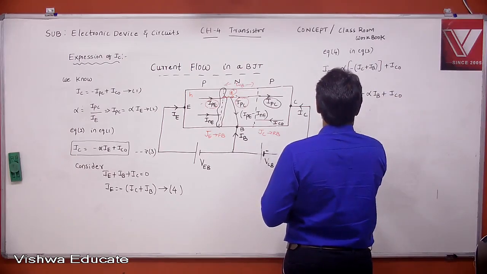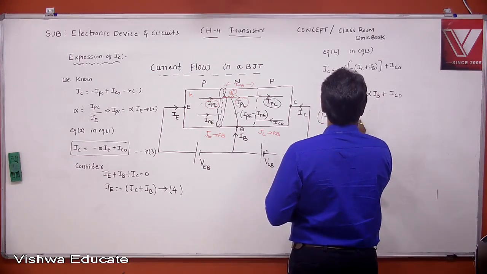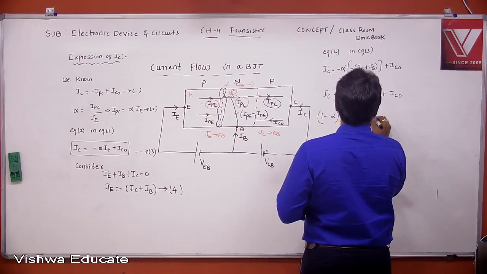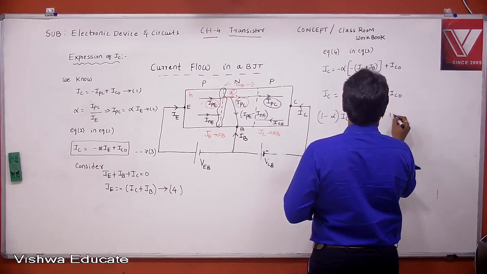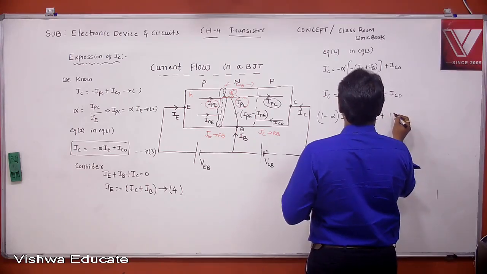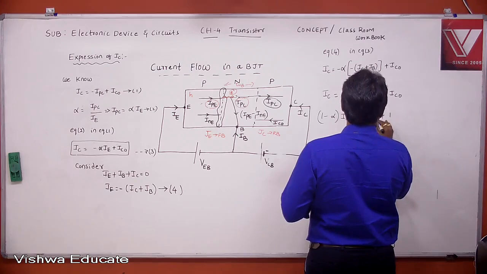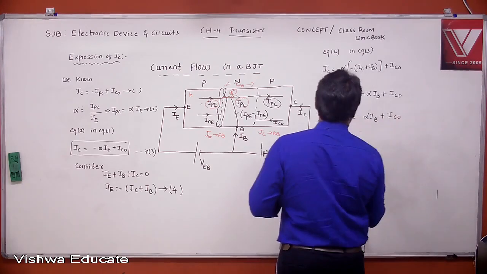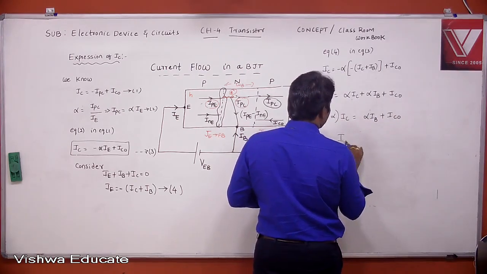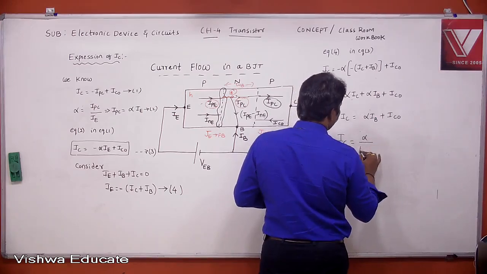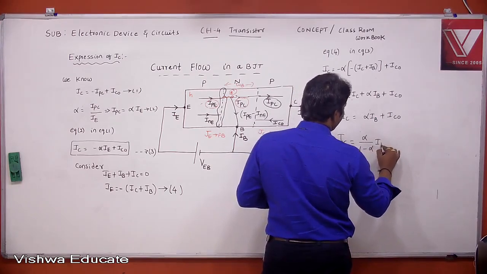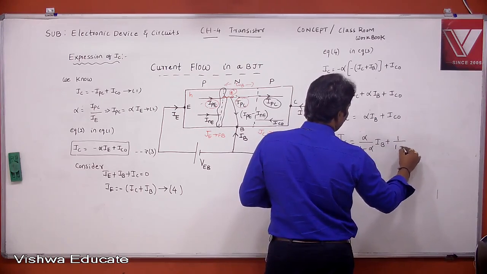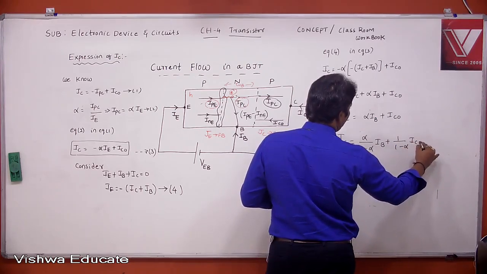Now 1 minus alpha into IC is equal to alpha into IB plus IC naught. Now what about IC here? IC is nothing but alpha by 1 minus alpha into IB plus 1 by 1 minus alpha into IC naught.